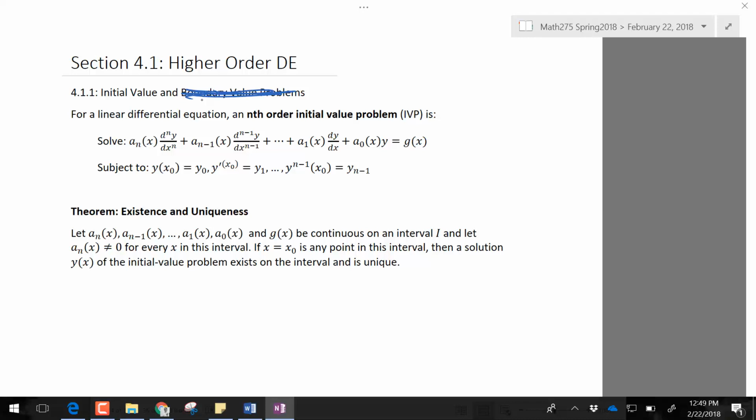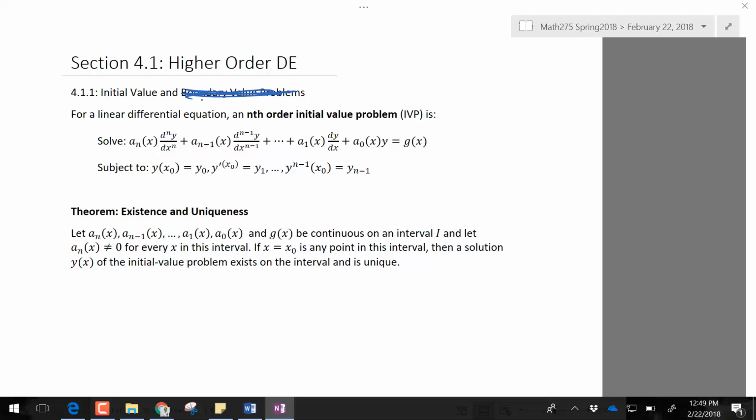We're going to stick with linear differential equations just to make things easier for ourselves. So an nth order initial value problem would be a differential equation that has the nth derivative of something as the largest derivative.